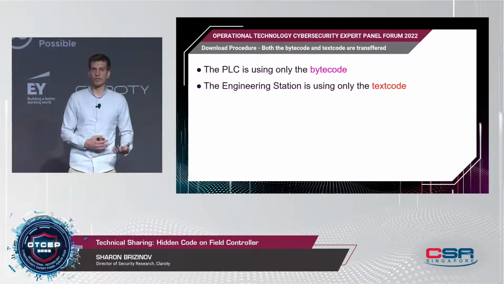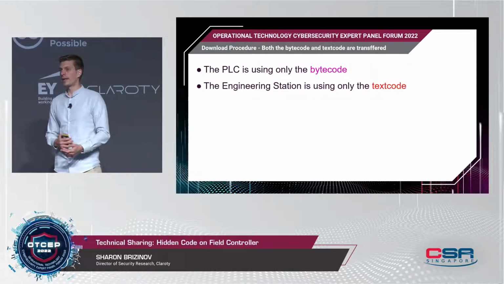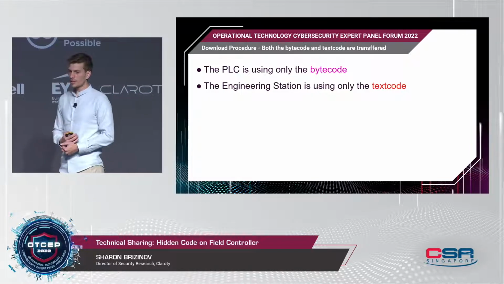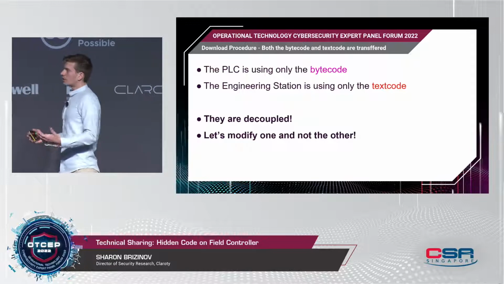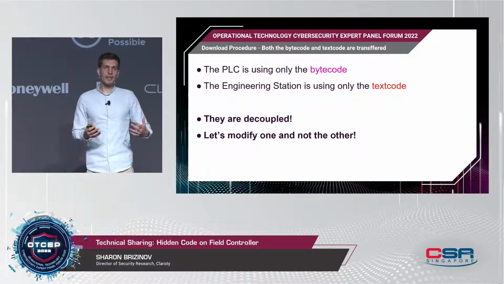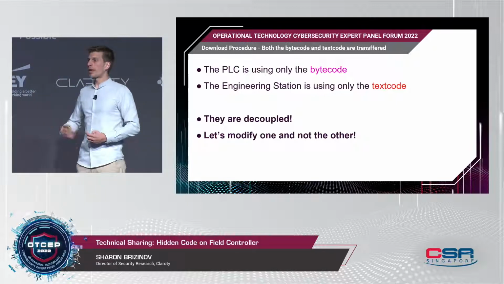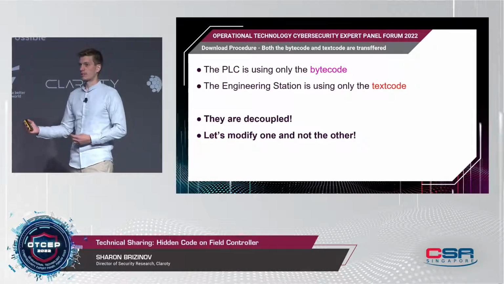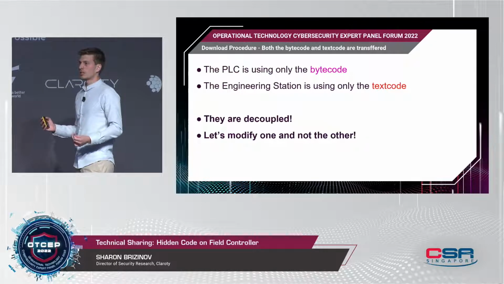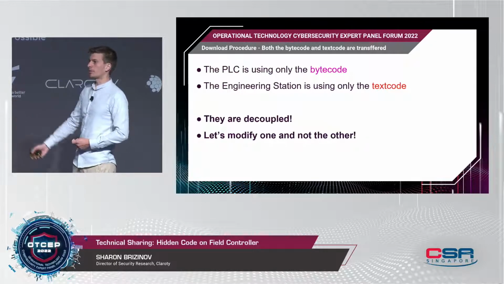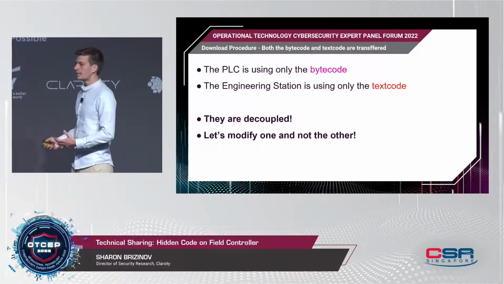It doesn't know how to interpret the complex bytecode. So these are decoupled. If we can change or modify one of them and not the other, we will be able to influence what the engineering station is seeing, which will be different from what the PLC is executing. And this is exactly what we did.